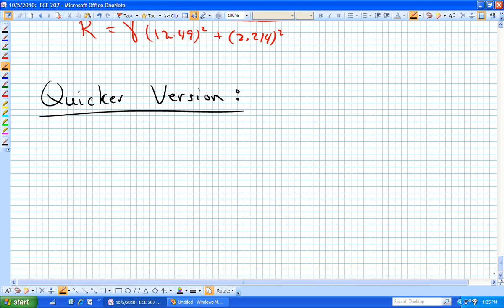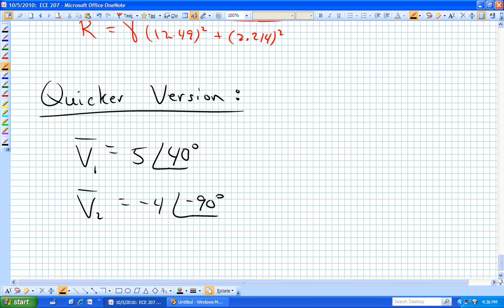So now instead of using superposition and solving this silly circuit 3 times, we do this preliminary work, combine all of those sources into one. Now we just have to solve the problem once, if we needed to, with that one source. V1 as a vector was 5 at 40 degrees. V2, we needed to convert that to a cosine, which was minus 4 at minus 90 degrees.